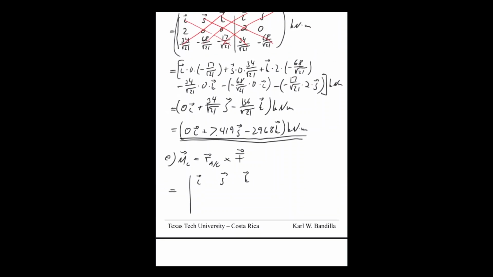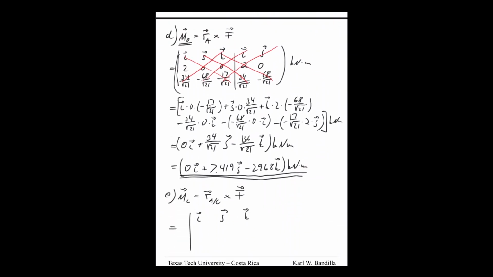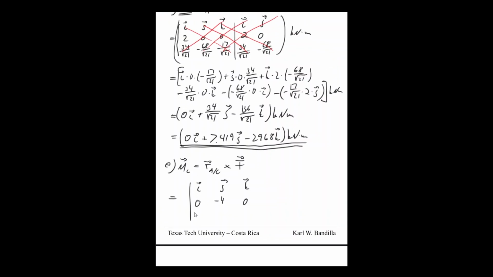All right, so what do we have? We have I, J, K, RAC, which we can no longer see, so that was 0, minus 4, 0. If we scroll up just a little bit, we have our F there: 34 over square root of 21, minus 68 over square root of 21, minus 17 over square root of 21.